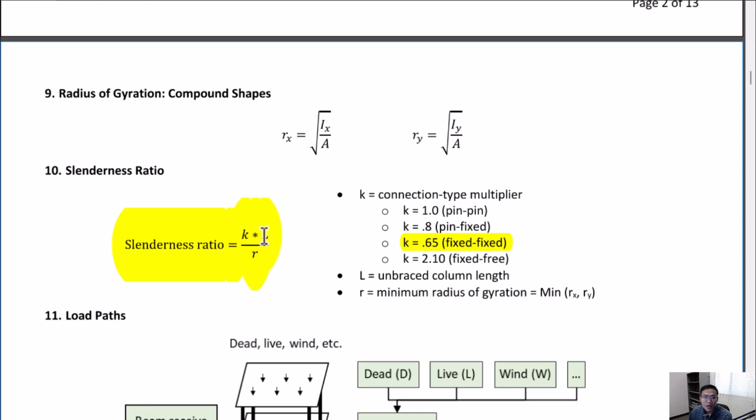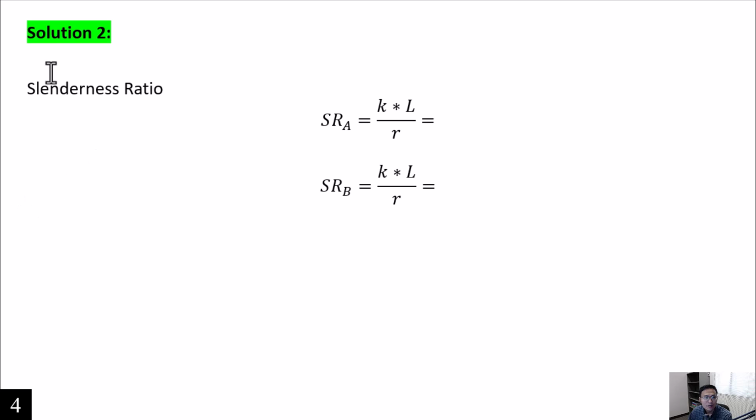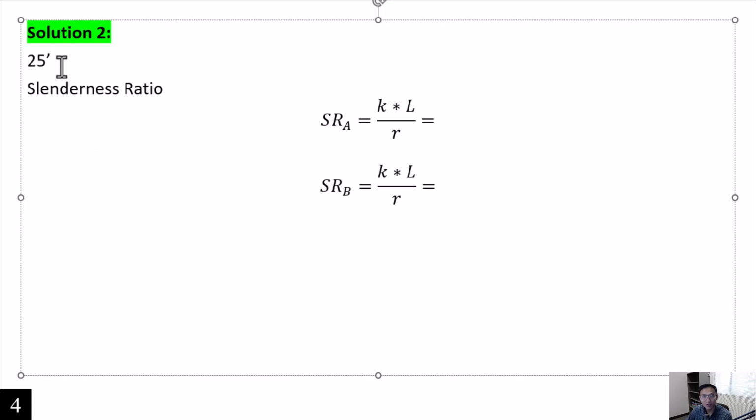Because r is typically in inches, L should be in inches as well. We have 25 feet, so I convert 25 feet to inches by multiplying by 12, which gives 300 inches. So K is 0.65 and L is 300.